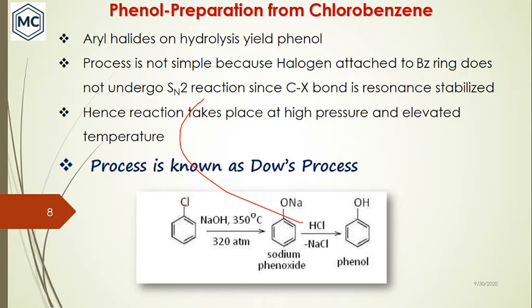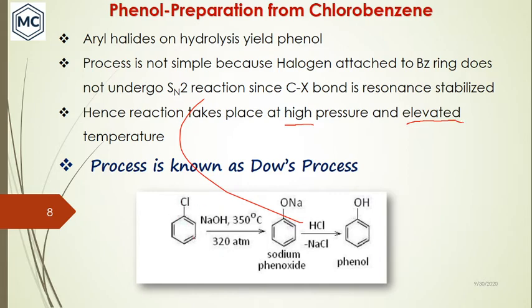The lone pair on chlorine can undergo delocalization with the benzene ring, so this bond is a little stronger than expected. It is difficult to break the C-Cl bond because of its resonance stabilization. Hence, high pressure and elevated temperature are required to break the C-Cl bond.